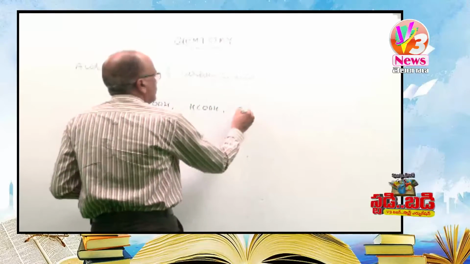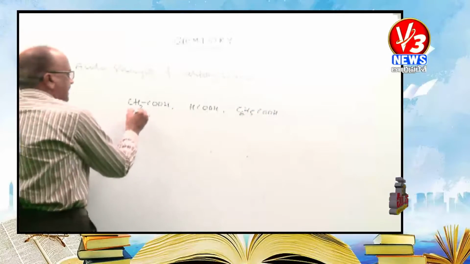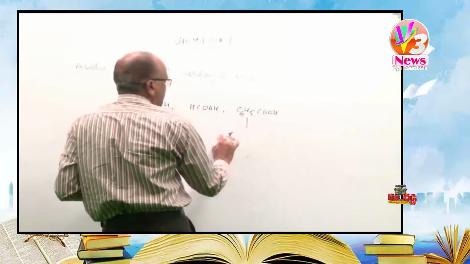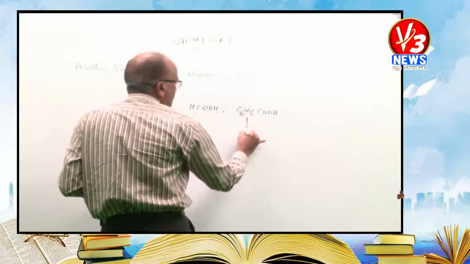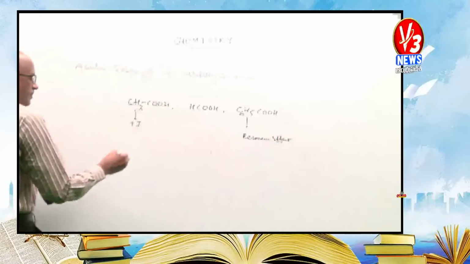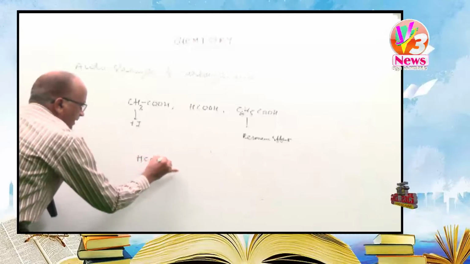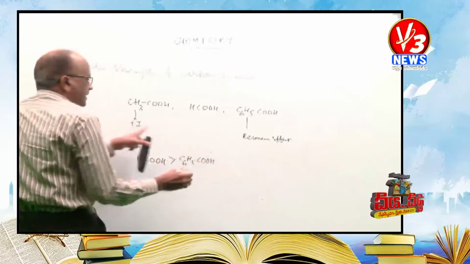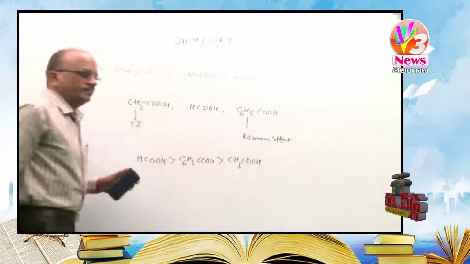Here CH3 shows plus I effect, whereas C6H5 shows resonance effect. Because of this, in acidic strength order, formic acid is stronger than benzoic acid, but acetic acid is weaker than benzoic acid. CH3COOH, this is the reason.